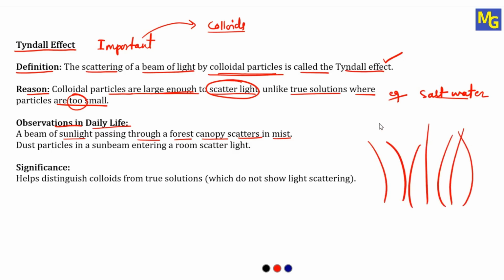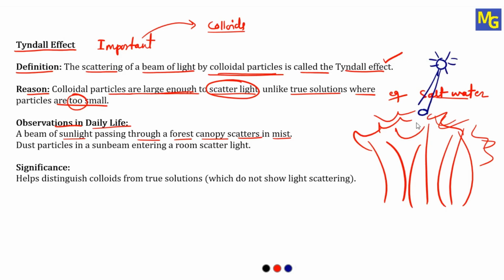Just imagine, let me draw something here. Imagine if these all are the trees, and from somewhere on the top, the sunlight is entering into the forest. When this light is entering through the forest, there will be so many dust particles in the air. Dust particles present in the air are one example of a colloidal solution.